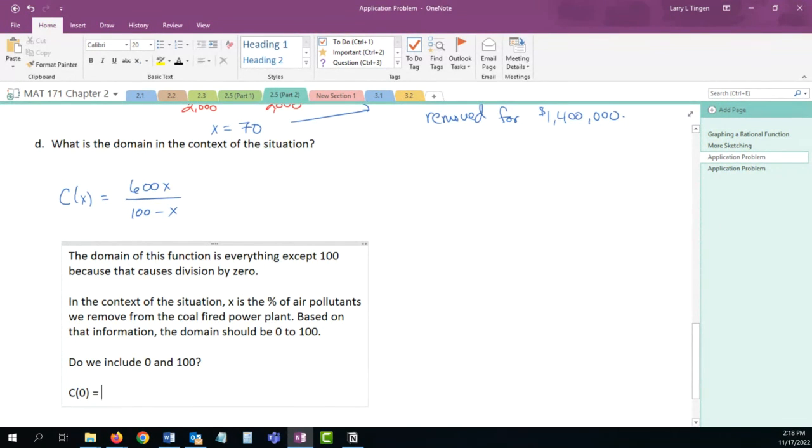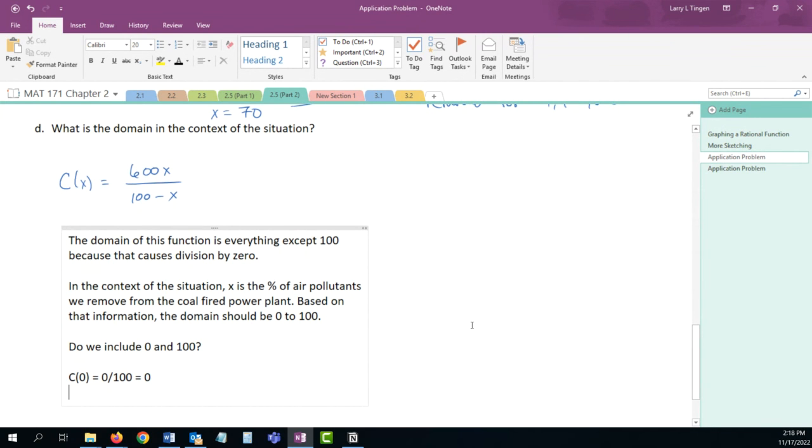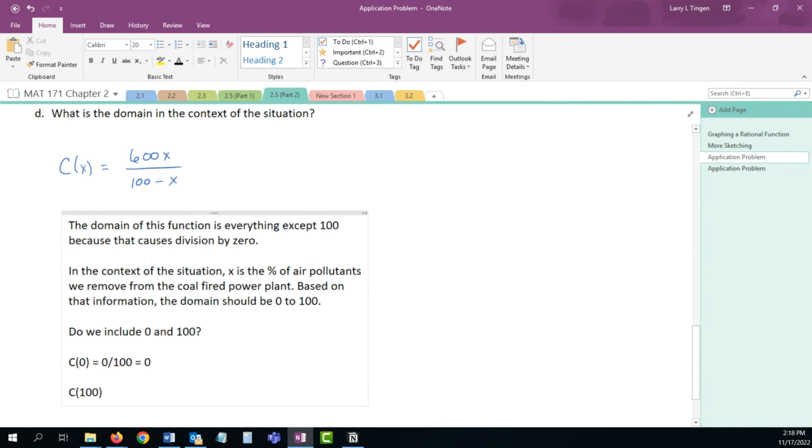C at 0 is what? 600 times 0 is 0. So that's 0 over 100, which is 0. That's fine. To remove no air pollutants, it costs me nothing. That makes sense, right? To remove 0% of the air pollutants, it costs me nothing. So that one's fine. What about 100? Well, that's going to cause a problem.